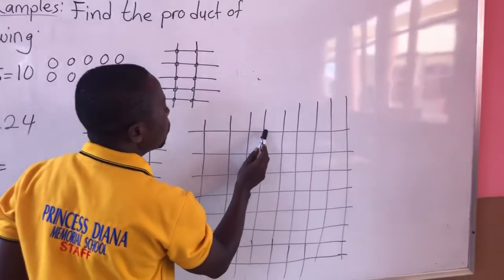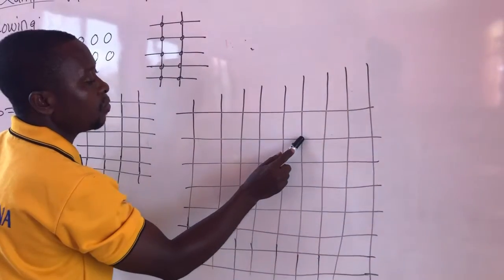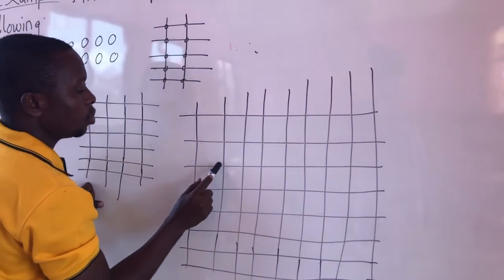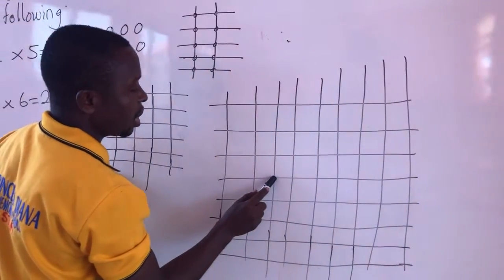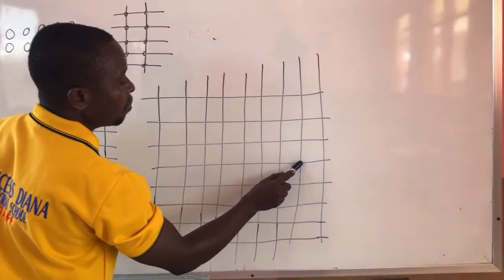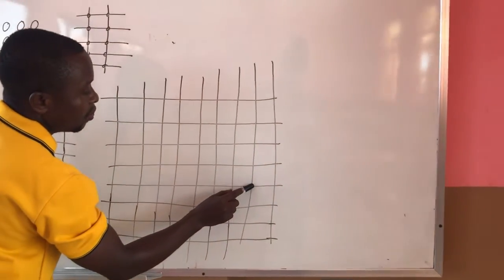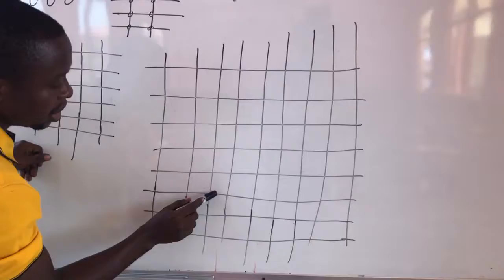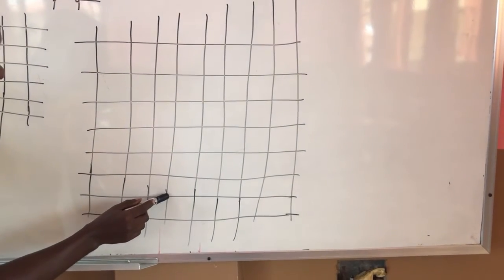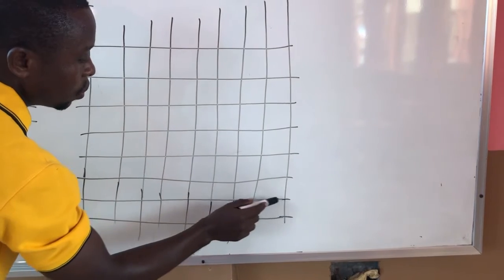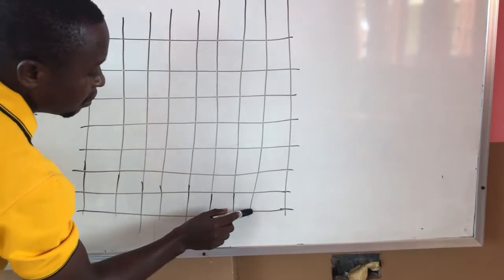Now, let's start. We have 1, 2, 3, up to 72.